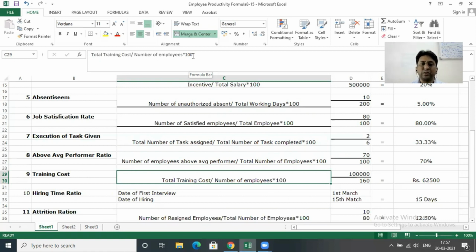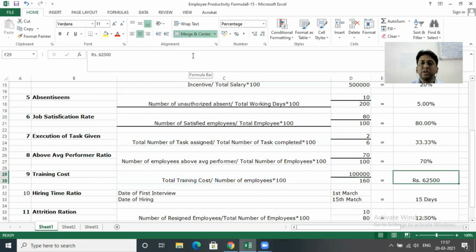If you want to calculate your training cost per employee, you have to add the total training cost for employees divided by number of employees. Suppose you have 1 lakh of training cost and your 160 employees are there. So this is per month. You are getting 625 as training cost per employee.